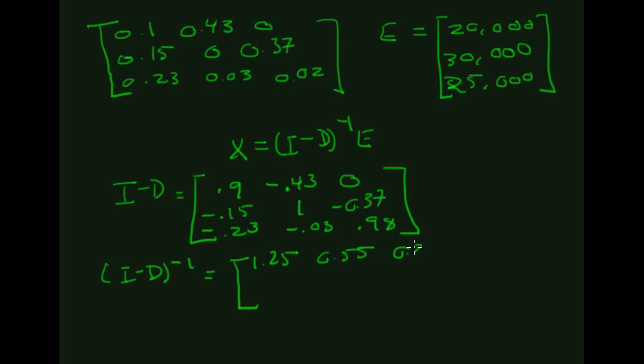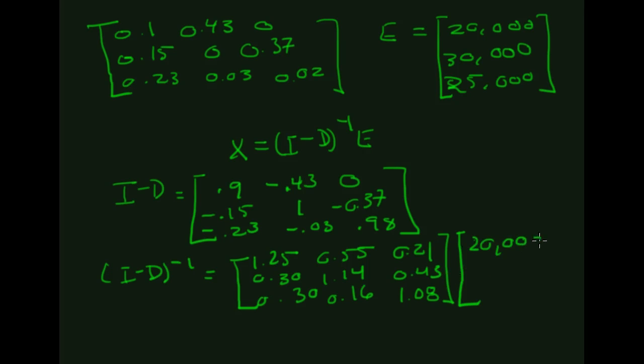Okay, if I drop that into MATLAB and get an inverse, I'm going to end up with 1.25, 0.55, 0.21, 0.30, 1.14, 0.43, 0.30, 0.16, 1.08, and I multiply that by my external demand.